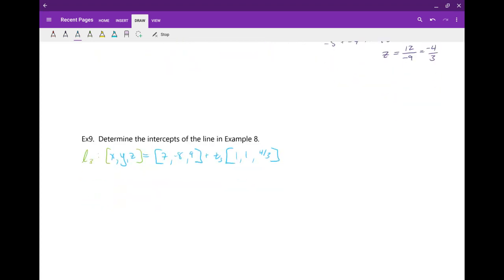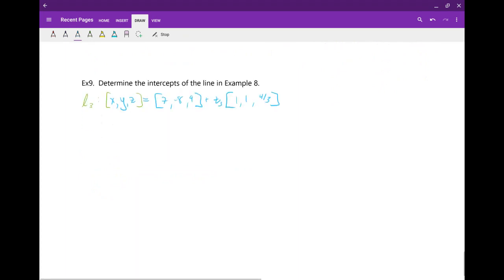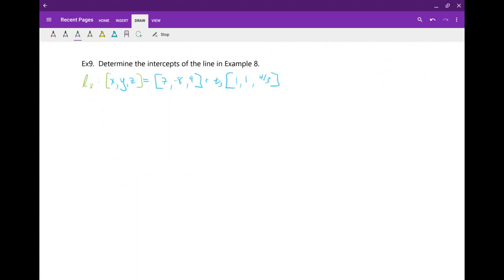And what we're going to do is try and determine the intercepts for this line. Okay? So now, let's talk about intercepts really quickly. So the rule of thumb for defining an x-intercept, remember, this is in 2 dimensions.